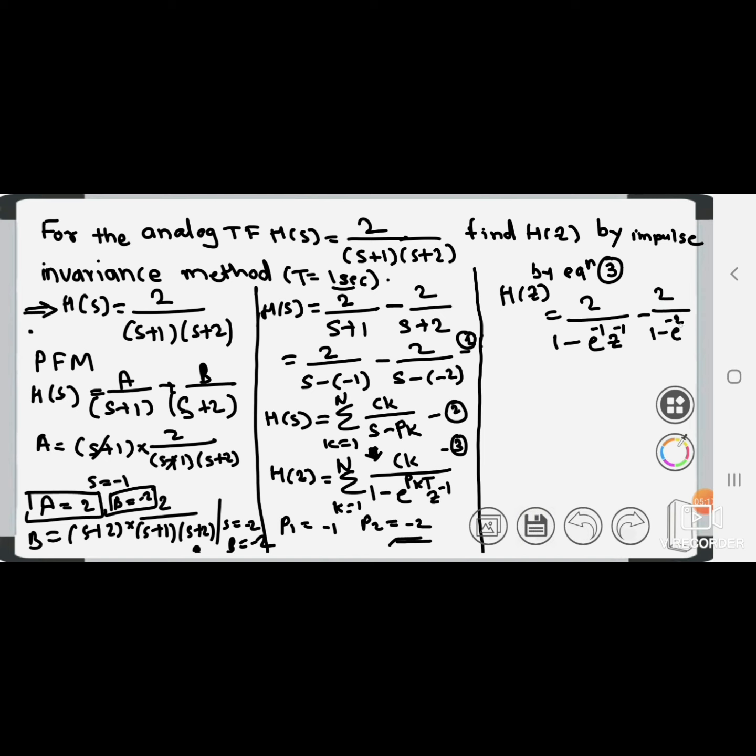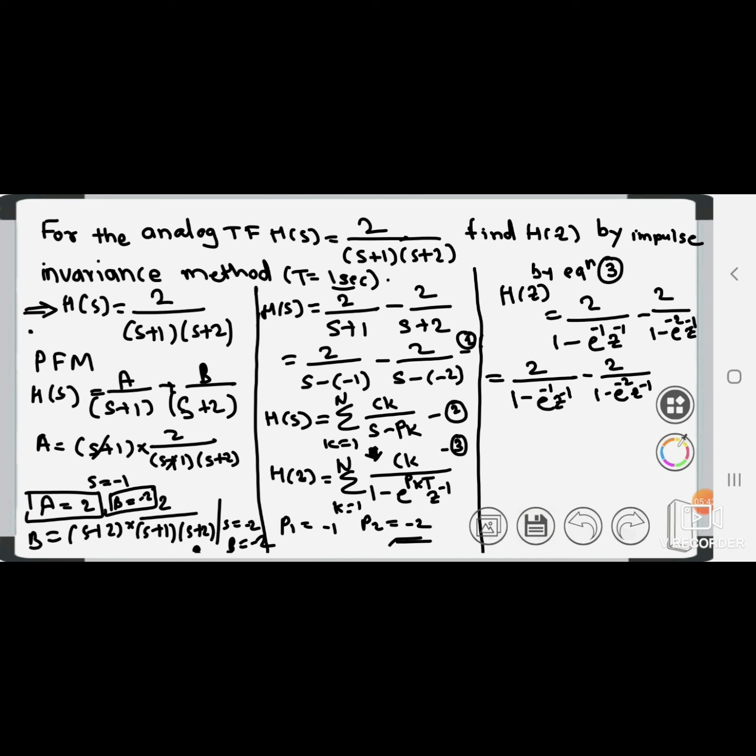So e raised to -2, T has value 1, z^-1. So we are getting 2 upon (1 - e^-1 z^-1) minus 2 upon (1 - e^-2 z^-1).